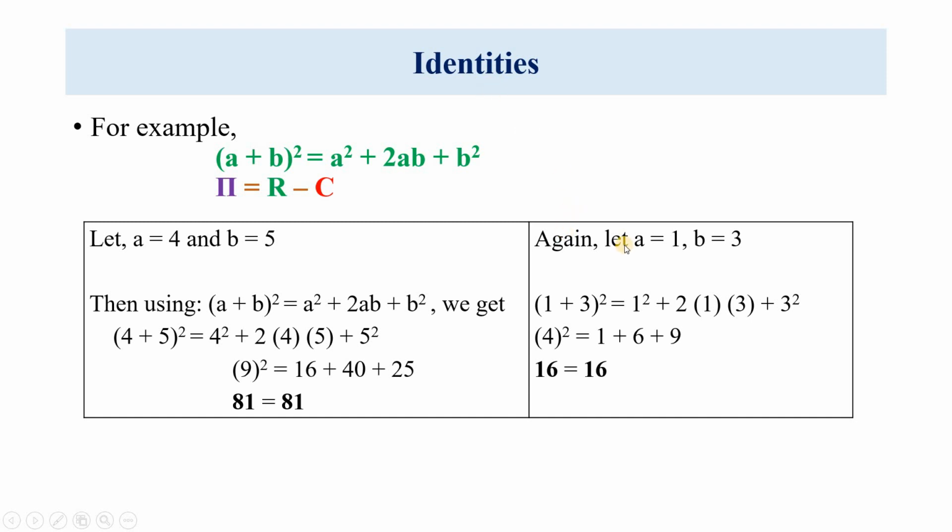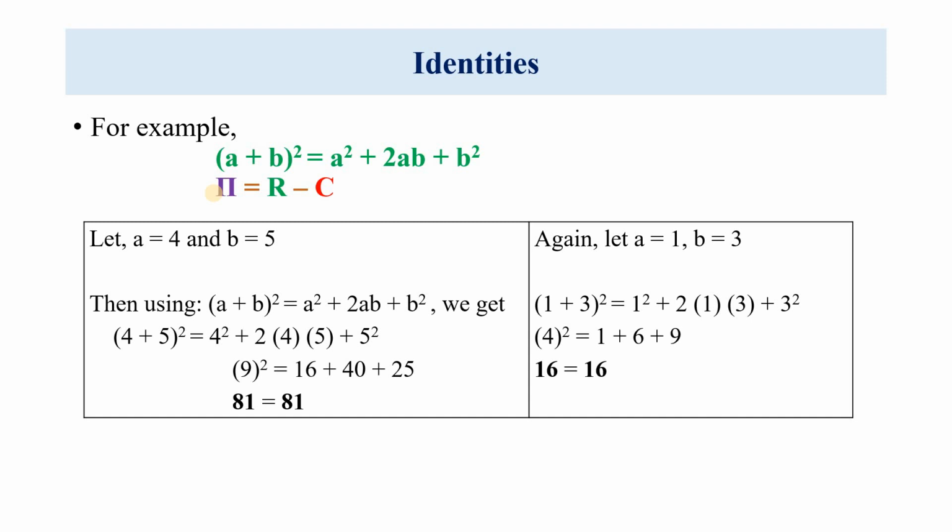Again, let a equal to 1 and b equal to 3. In that example, a plus b whole square equals 16, and the right hand side a square plus 2ab plus b square is also 16. So this is an example of identities. And our second example, pi equal to r minus c, that means profit equal to revenue minus cost, is one type of definitional case.